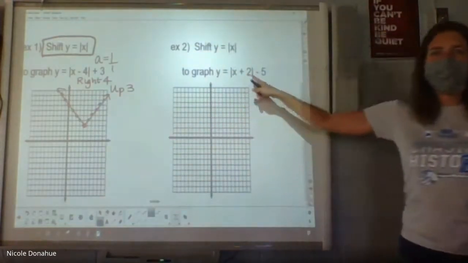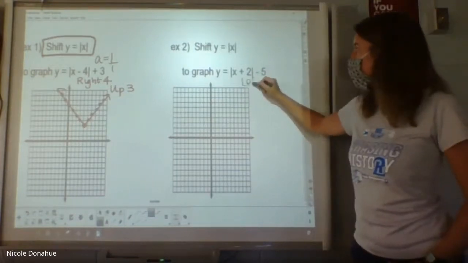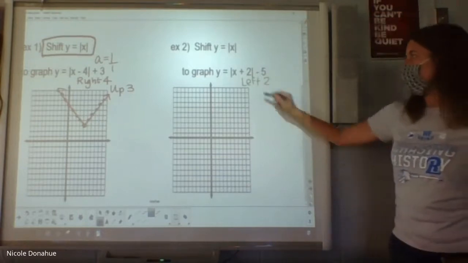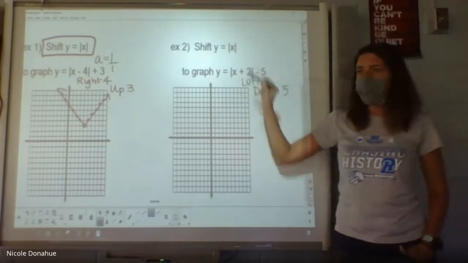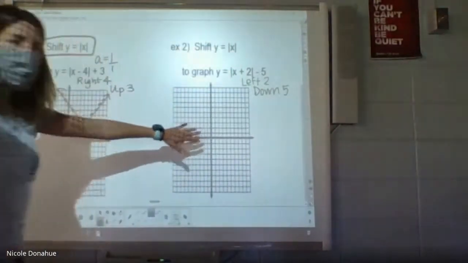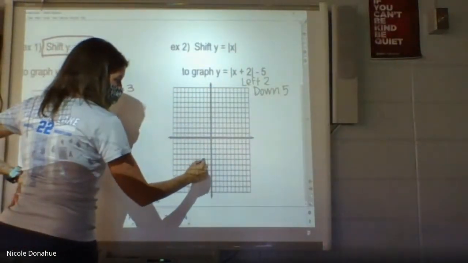All right, next one. The +2 really tells us to do what? Go to the left. Left 2. The -5 tells us to go down 5. Again, that's because that's outside the absolute value. This is inside. So those two patterns. So we start again at our 0, 0. Go left 2 and down 5.